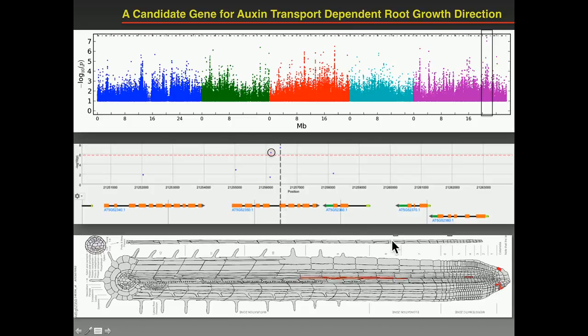located, showed a particular pattern that we could relate to the biology, while all the others were more ubiquitously expressed. And the reason why this relates to this trait is that it's expressed in this part of the root, which is the root cap, and in this part of the root, which is the elongation zone. So in the tip of the root, gravity is perceived, and if there's an offset of the root from this vector of gravity, an auxin stream, and you remember that was the process that we perturbed during the mapping, is generated that only goes along one side of the root, and that leads to an asymmetric growth that leads to a different curvature.